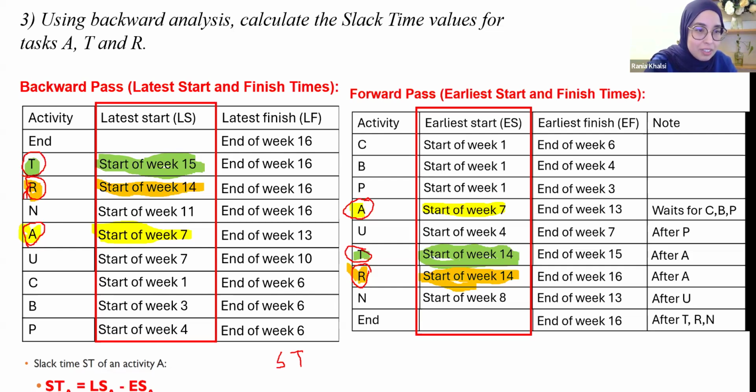So the slack time for activity T is equal to, applying the rule, the latest start for activity T, which is 15, minus the earliest start for activity T, which is in green, 14. 15 minus 14 is equal to 1. So the final result, you must have 1.